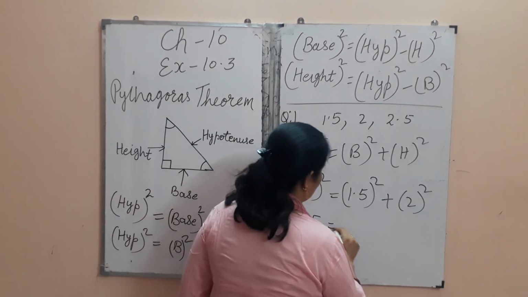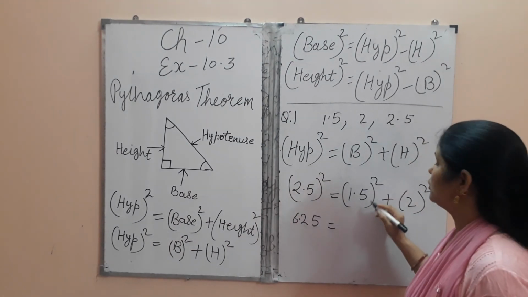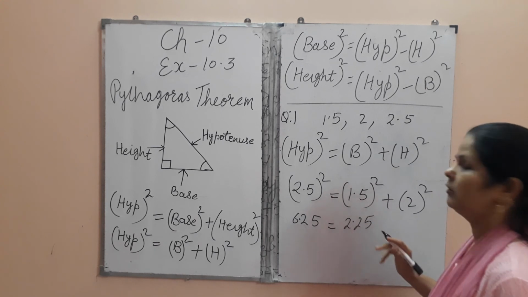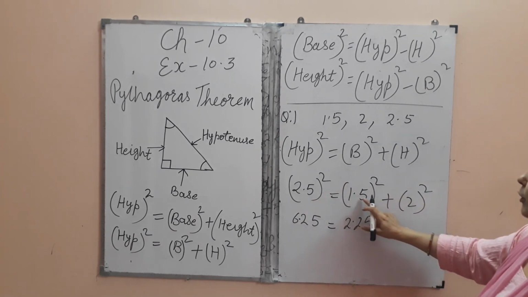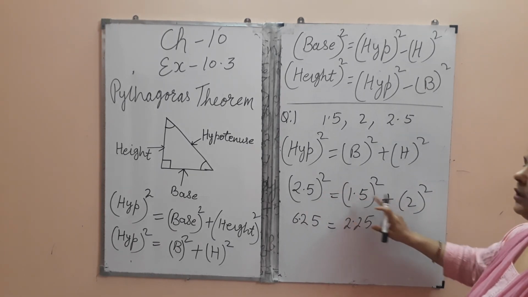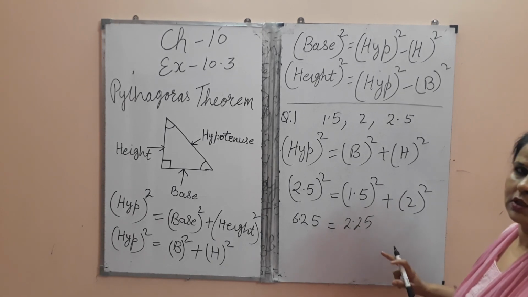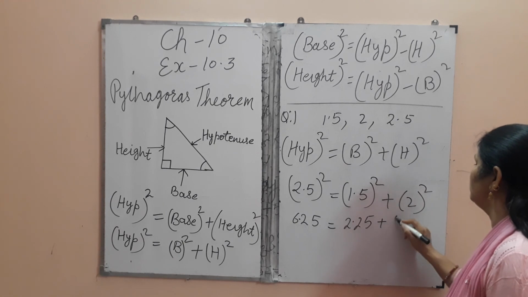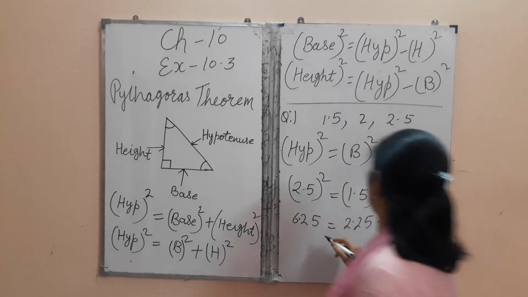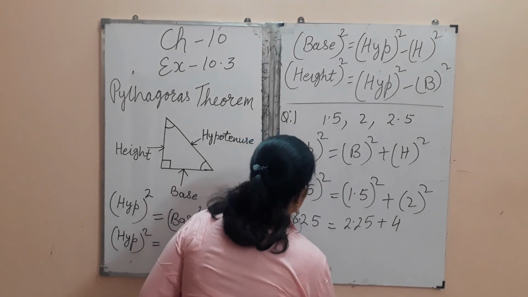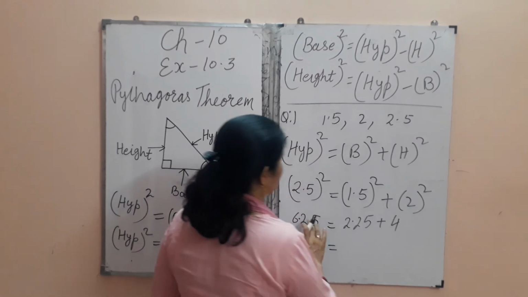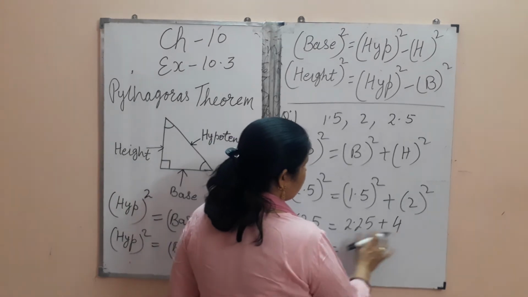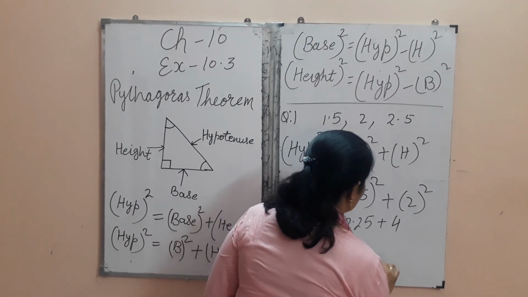Is equal to 1.5 square: 15 into 15, 225, and the decimal will be before 2 digits, because in 1.5 into 1.5 after the decimal there are 2 digits, so in the answer also there should be 2 digits after the decimal. Plus 2 square is 4. So we will add it. This sum should be equal to 6.25. So 4 plus 2.25, 6.25.